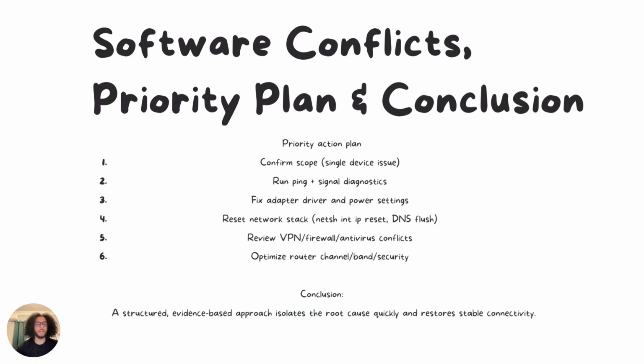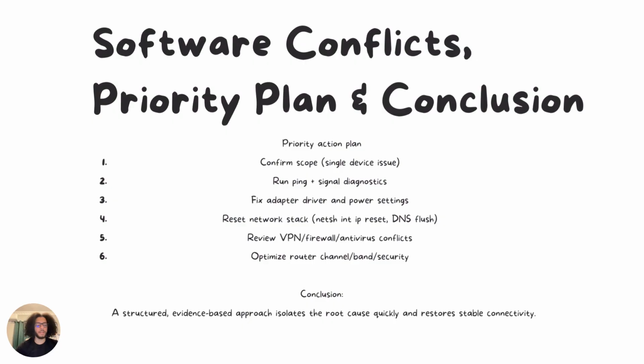The eighth slide: software conflicts, the priority plan, and conclusion. My priority plan is first to confirm the root cause through diagnostics, then fix the adapter and system settings, and finally optimize the router configuration. I will also check the software configuration by temporarily disabling the VPN, antivirus, or restrictive firewall rules.